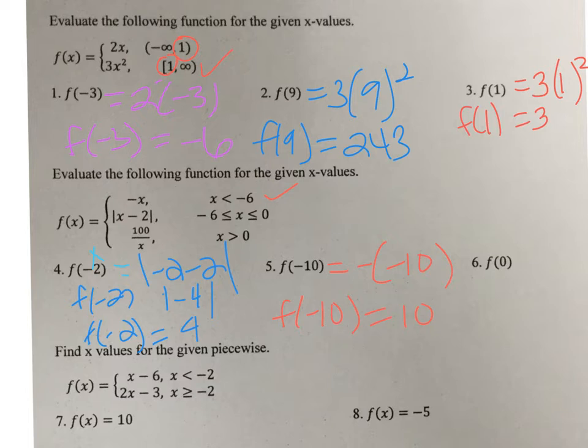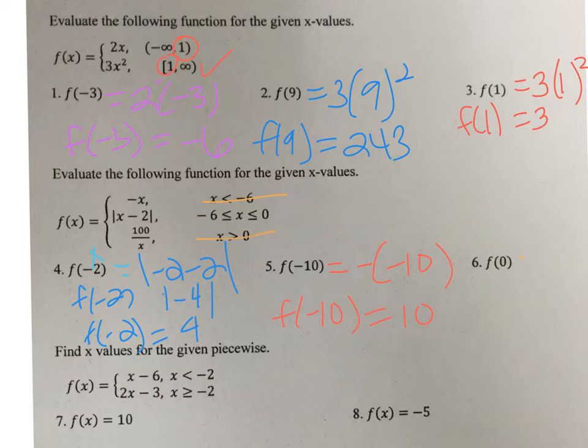All right. Then we have f of 0. So I have to figure out again which boundary it fits in. And so x is less than -6, not there. Between -6 and 0, yeah. X is greater than 0. No, that's not including 0.